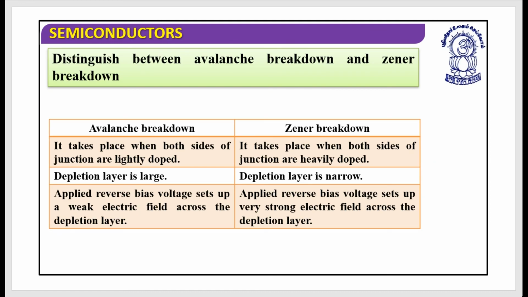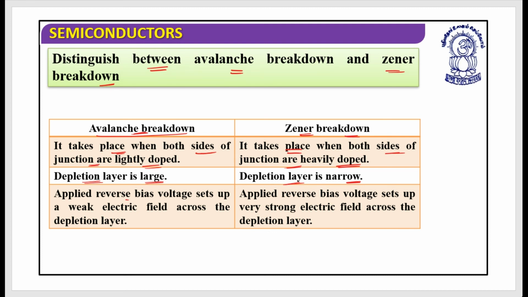So now let's distinguish between the avalanche breakdown that we have studied in the characteristics of the PN junction diode and the Zener breakdown. Avalanche breakdown takes place when both sides of the junction are lightly doped, while Zener breakdown takes place when both sides of the junction are heavily doped. In avalanche breakdown the depletion layer is large, but in Zener breakdown the depletion layer is narrow.